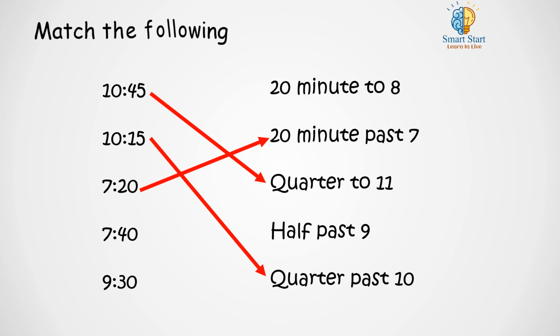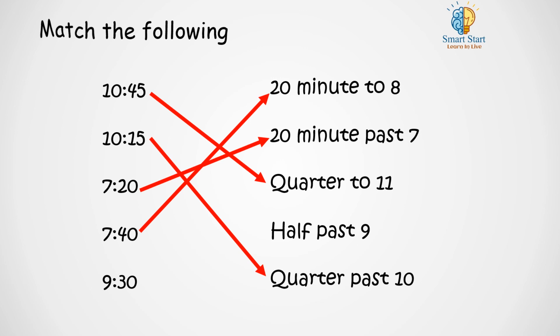Next, 7:40. The hour hand is on 7 and the minute hand is on 8. It means after 20 minutes it will be 8 o'clock. That means the minute hand is on the left hand side. That is 20 minutes to 8.